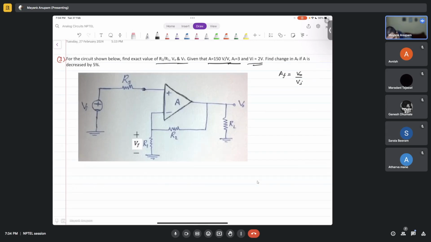Okay, tell me what will be the voltage at this point? If this is Vi, what is this? How will you find out the voltage at this point? It will be Vi only, right?